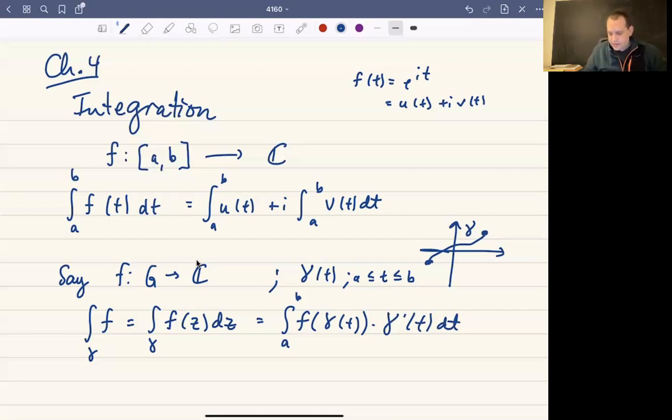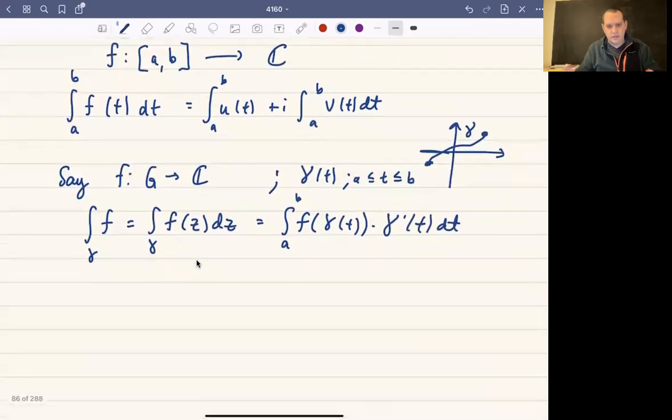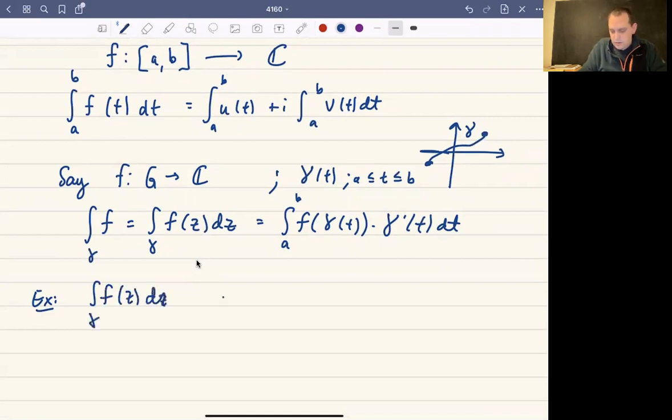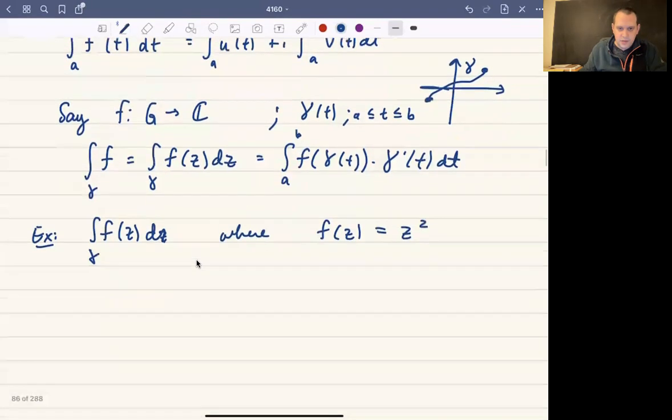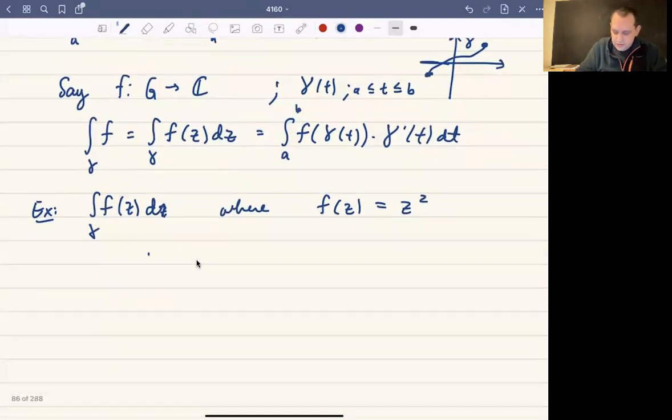So I think at this point, before we do anything else, let's just do some examples. I want to get used to this definition. And let's see a few things that will come up kind of naturally. So let's start by evaluating the integral of f over gamma, where f of z is z squared, over 3 paths.